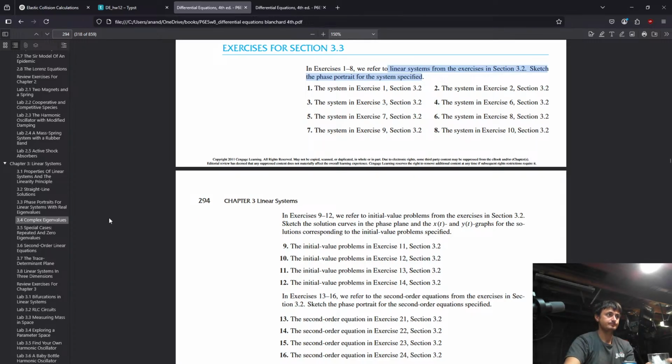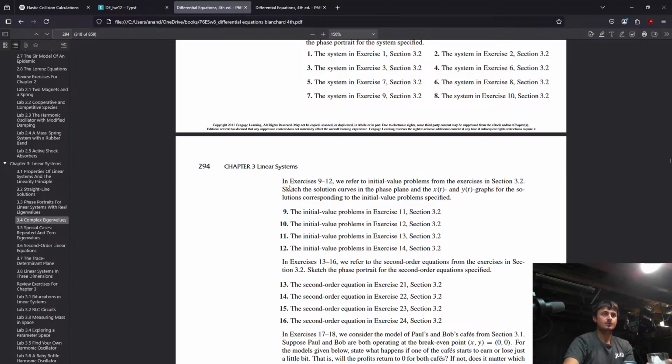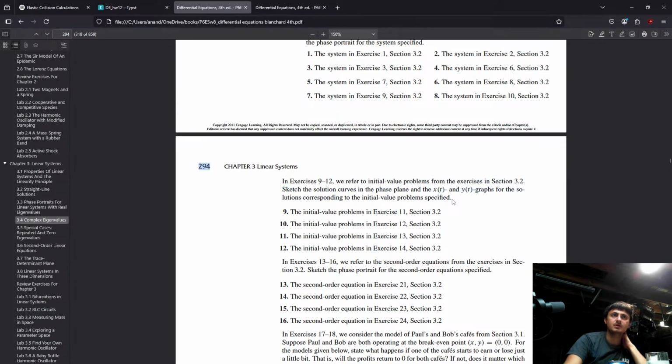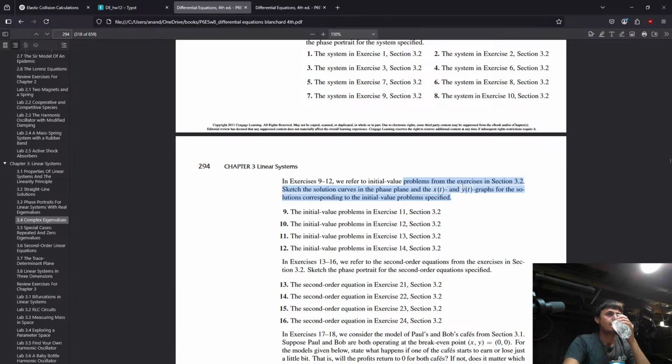Okay, that one's easy. 11. Sketch the solution curve in the phase plane, the x of t and y of t graphs. Okay, that one's pretty easy.